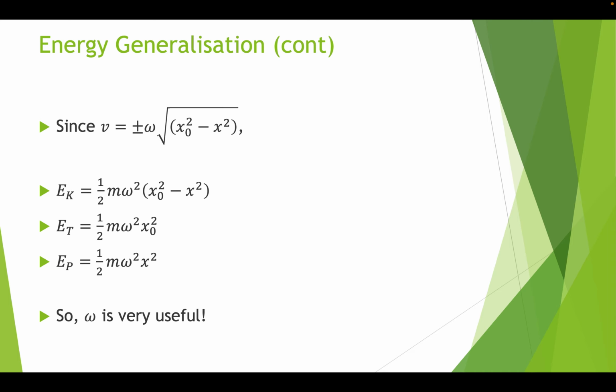Continuing this generalization, if that's my velocity, my kinetic energy, here are the formulas we see from IB. Kinetic energy, E sub k, is equal to 1/2 m omega squared times the amplitude squared minus position squared. Total energy is simply 1/2 m omega squared amplitude squared, and potential energy gets rid of the x sub 0, and you just have an x.